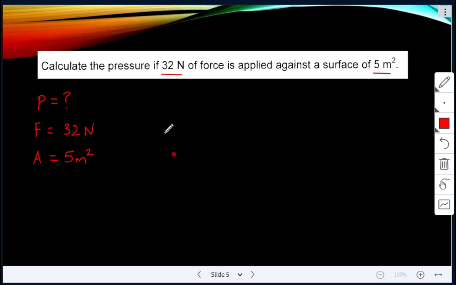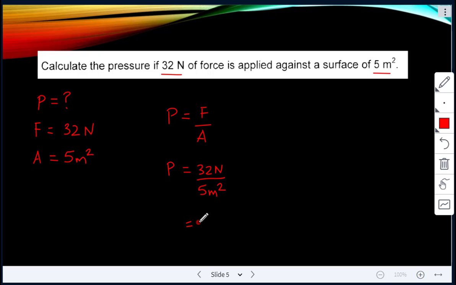All right, so we know our formula is pressure is equal to force divided by area. So therefore, our pressure will equal to 32 newtons divided by 5 meters squared. All right, and now we just have to put that into your calculator.